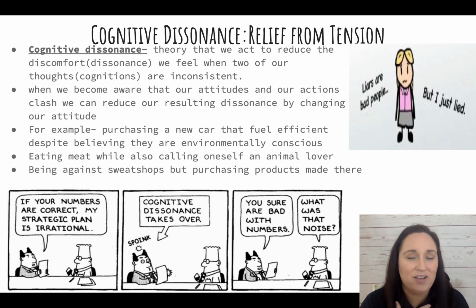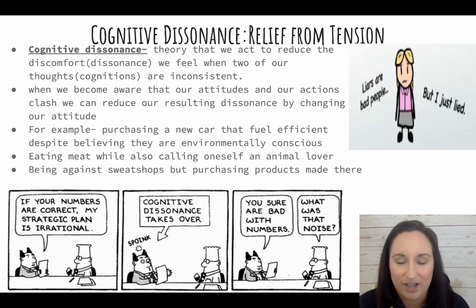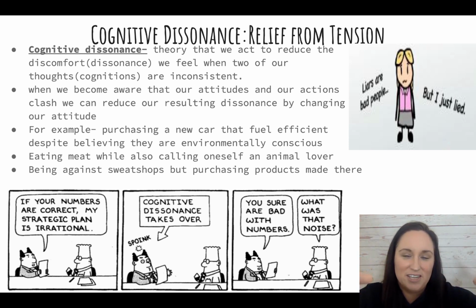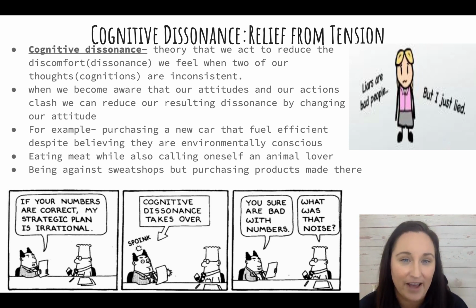Now that feels uncomfortable when someone points that out, right? And then I have to justify it. Well, I just lied because it was really going to hurt that person if I told the truth. So that's why I lied. Oh, I feel better now. So we feel that cognitive dissonance. It feels really uncomfortable, and then we find ways to justify it to feel better.